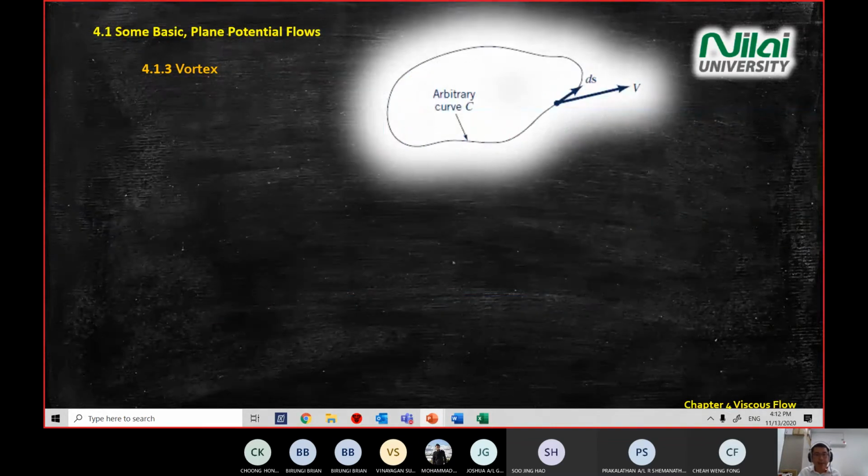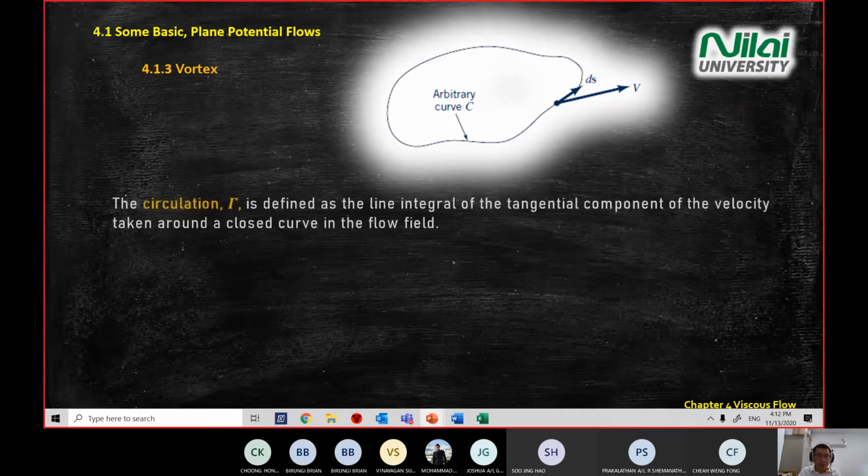The next one, we look at the definition of the motion. We call it circulation. Circulation has a specific symbol, like a hook symbol.